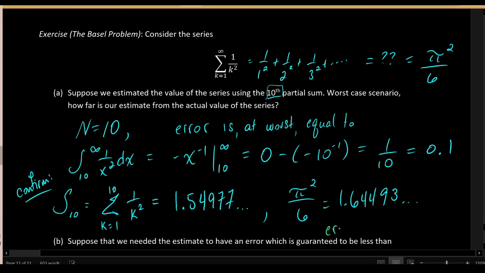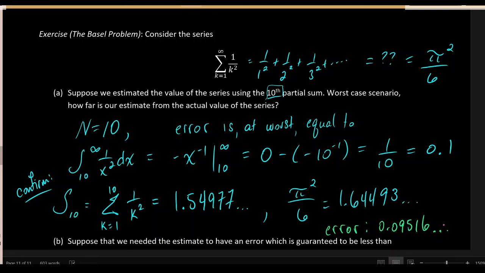So the actual error in this case, you can check the difference between these two numbers, is 0.09516. The error between the value of the 10th partial sum and the real value of the series pi squared over 6 is indeed smaller than 0.1.